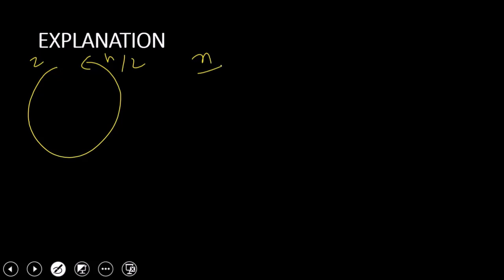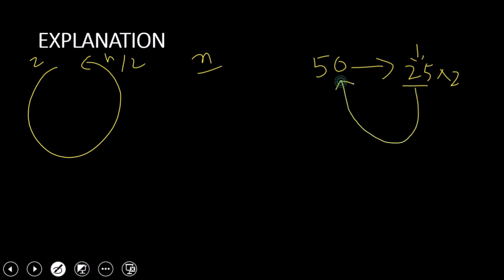Why only up to n by 2? Let us say the number 50. This 50 is divisible by 25, because 25 twos are 50. So 25 is exactly half of 50, and after 25 there are no numbers that completely divide 50.